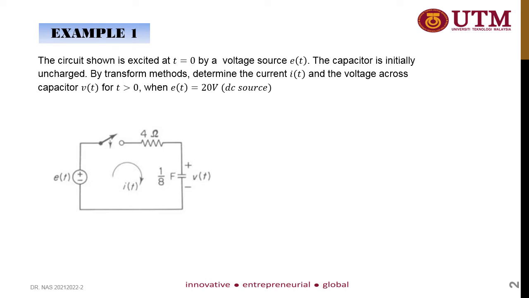Okay, so in this case, it is stated that the capacitor is uncharged, meaning that the initial condition is 0. The source is given as 20 volts, and you need to find i(t) and also the voltage across the capacitor, v(t), for t larger than 0.